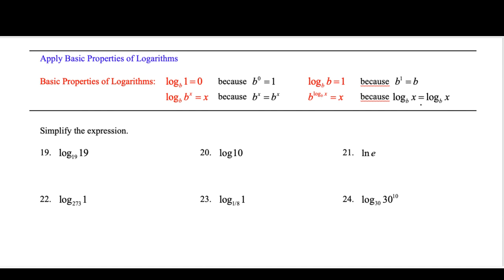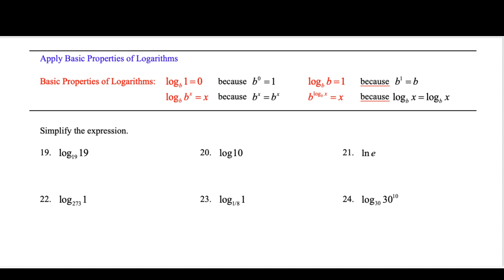If you rewrote this in logarithmic form, you would just get this statement, which is an always true statement, right? So these are properties of logarithms that always hold true because of certain other properties of exponentials, right?